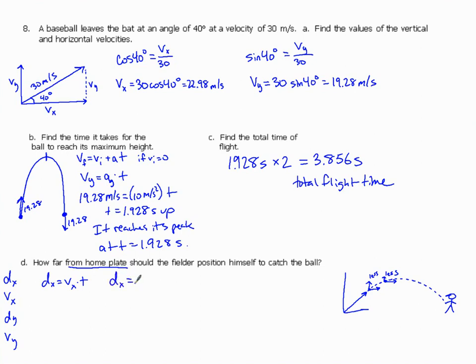So we know the horizontal velocity. We already found it here: 22.98 meters per second. And we know the total flight time. We found it in part C. That is 3.856 seconds. So this ball is going to travel 88.6 meters, which means he should position himself 88.6 meters from the plate.